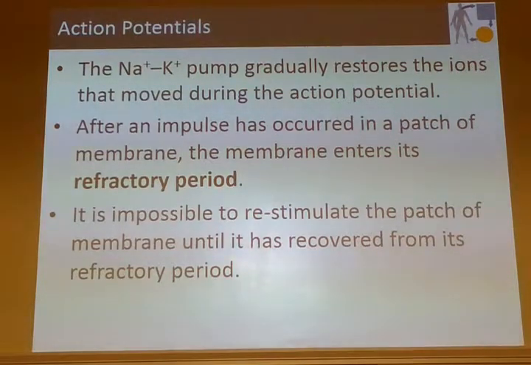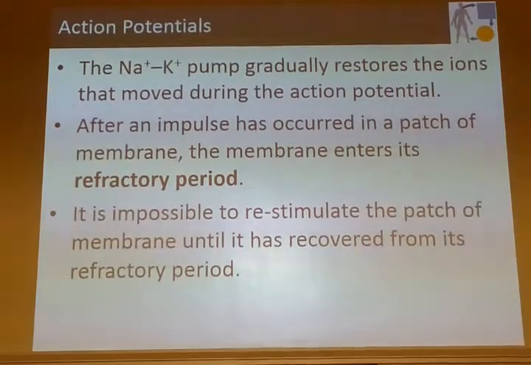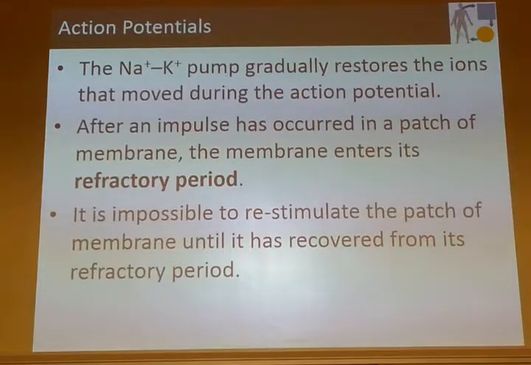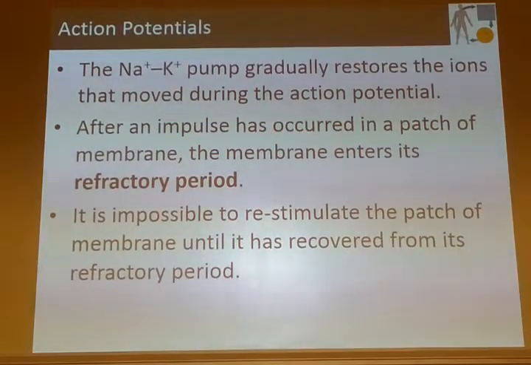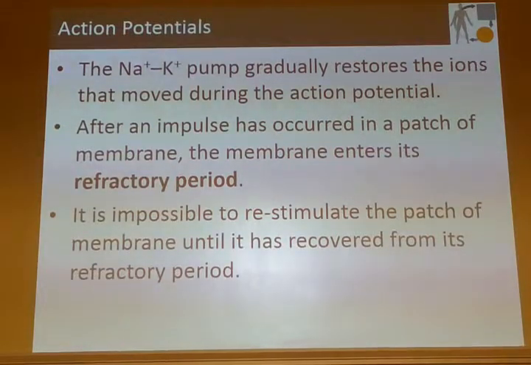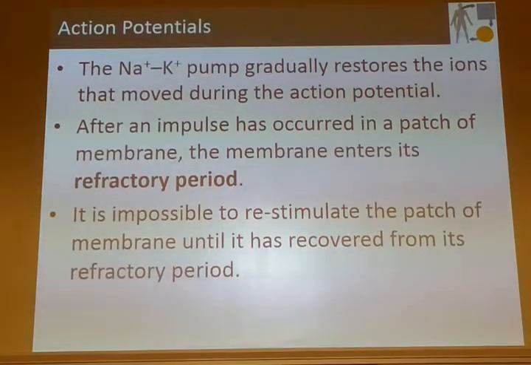Between the time that you close sodium channels, open potassium channels, somewhere in that falling phase of the action potential, if you have a bigger stimulus and you get the sodium channels reopening and you get to threshold, then you have gone into the relative refractory period.